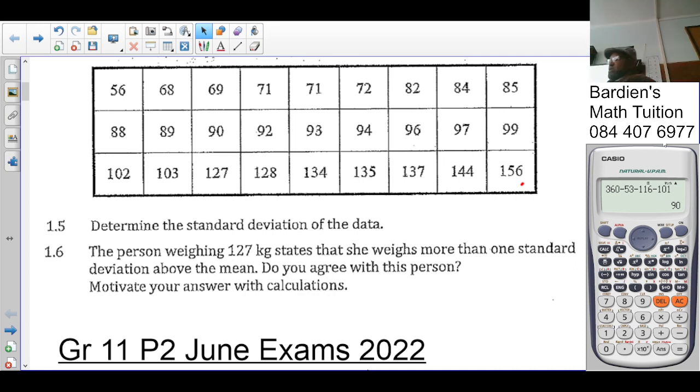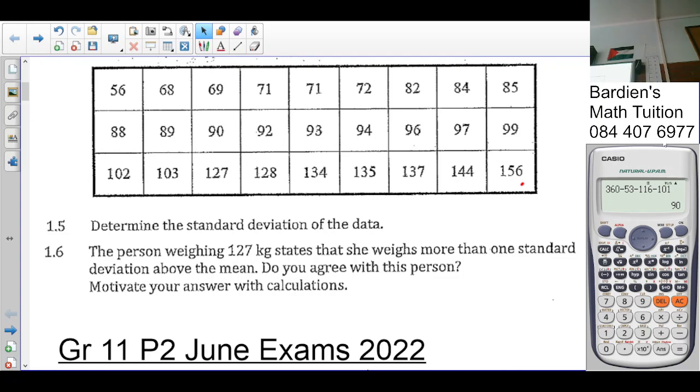Now, the standard deviation tells you with regards to the spread of the data around the mean, how far the data is, or how close together the data is to each other.